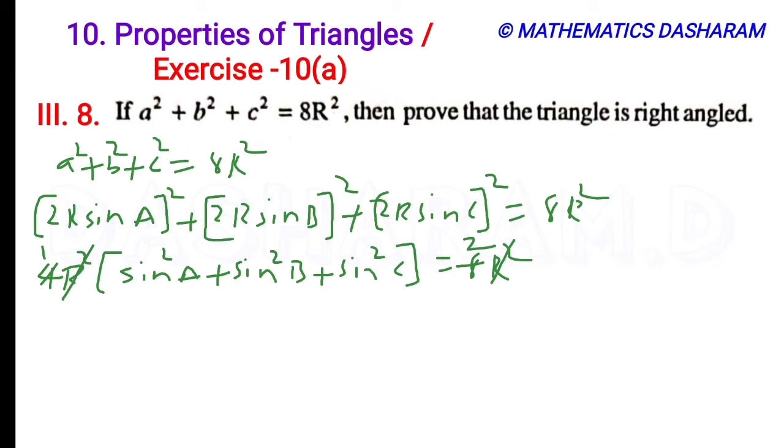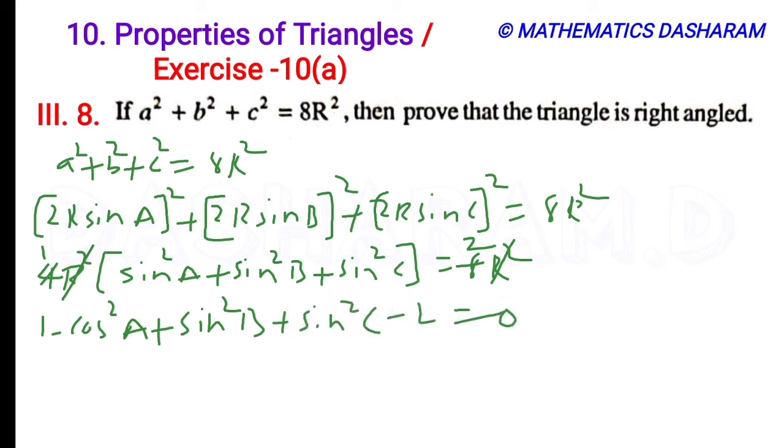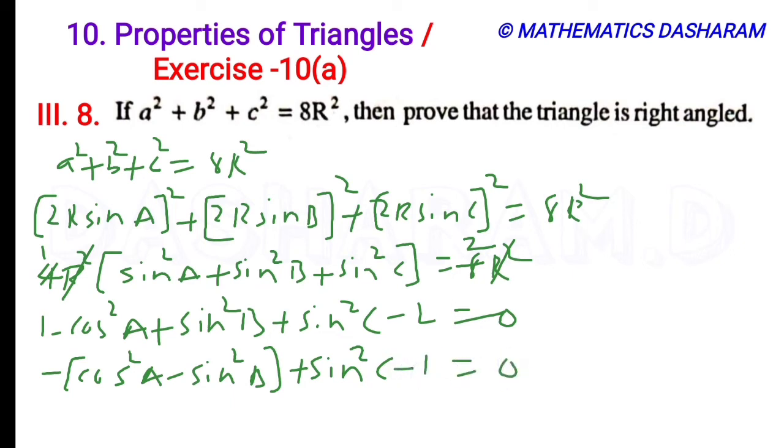So sine square A I am writing as 1 minus cos square A, from the identity sine square A plus cos square A equals 1. So plus sine square B plus sine square C, and 2 transposes to the left side, equals minus 2, then RHS equals 0. So from these two take the minus common, so minus bracket of cos square A minus sine square B plus sine square C, 1 minus 2 is minus 1, equals 0.